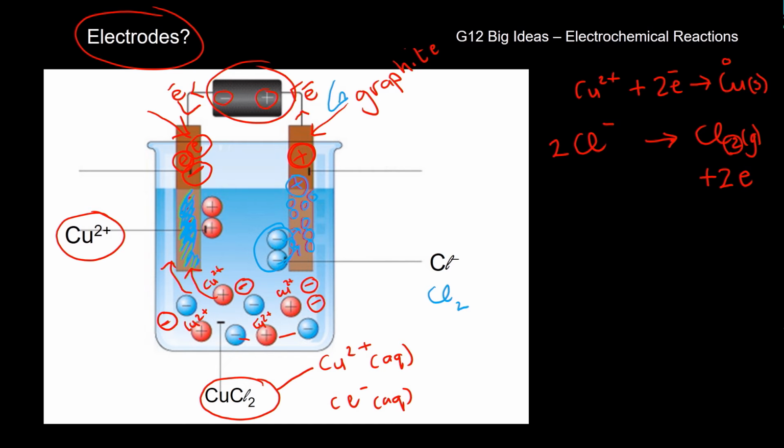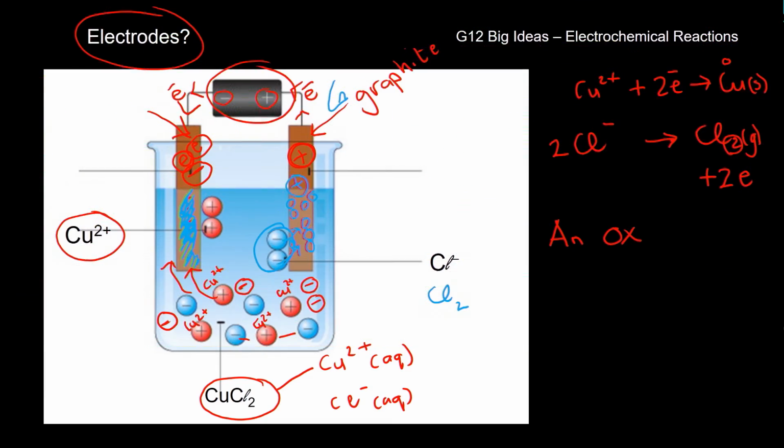Now on this picture, we need to be able to identify which electrode is the anode and which electrode is the cathode. Remember this that we did before the break, an-ox. What does that mean? It means that the anode is where oxidation takes place.